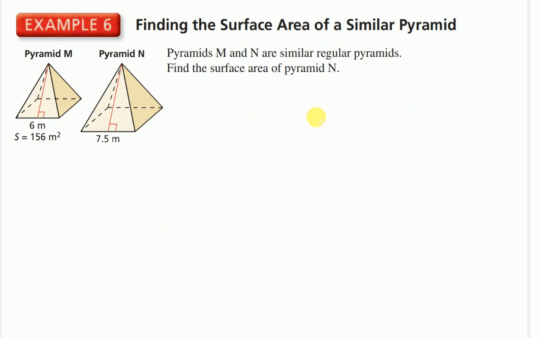If I want to find the surface area of a similar pyramid, okay, I have this surface area. I want to find the factor, so I put the new over original to find the factor. So the scale factor would be 7.5 over 6, new to original. Now if I want to find the new surface area, we could simplify this down. That would also equal 5 over 4, if I want to simplify that down to non-decimals.